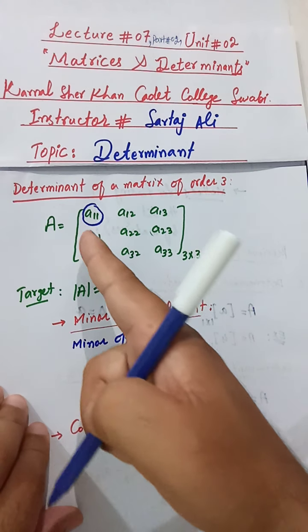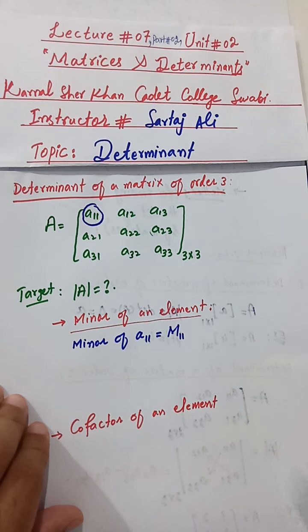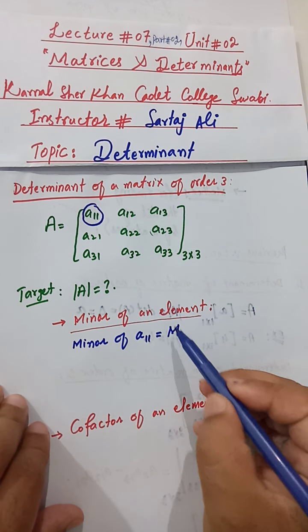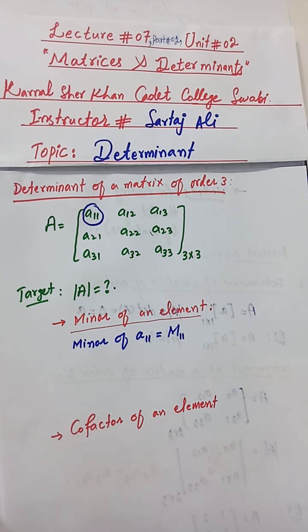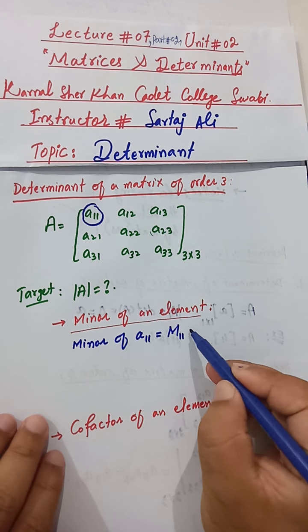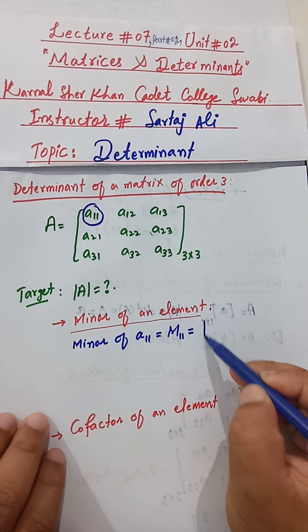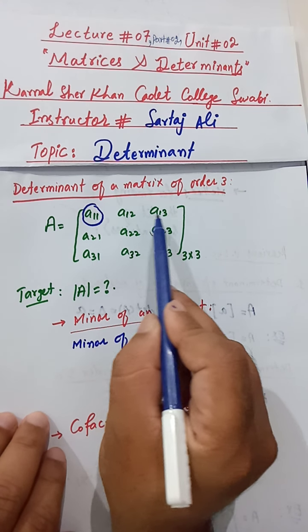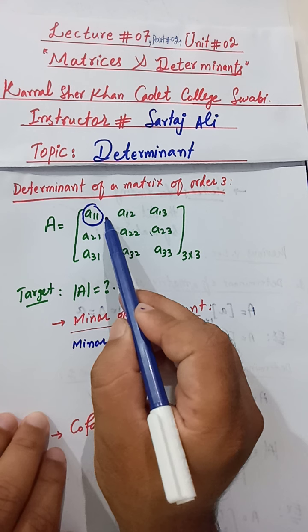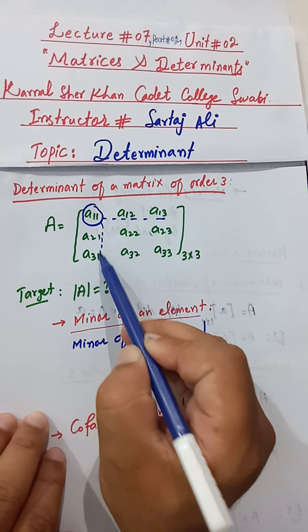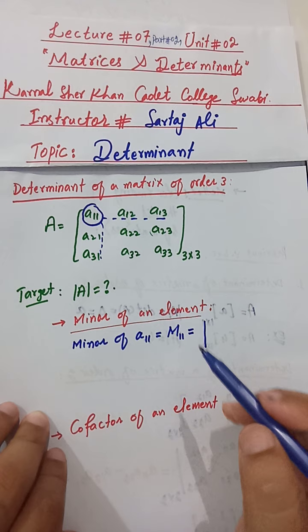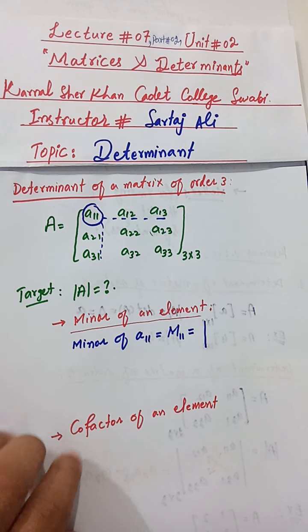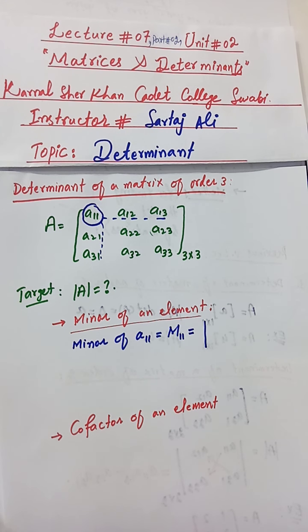This 1 in the subscript tells us that the element lies in the first row and first column. So capital M11 is the notation of the minor of the element which lies in the first row and first column, and that will be equal to, you remove the first row and first column of that matrix and write the remaining portion in determinant form.